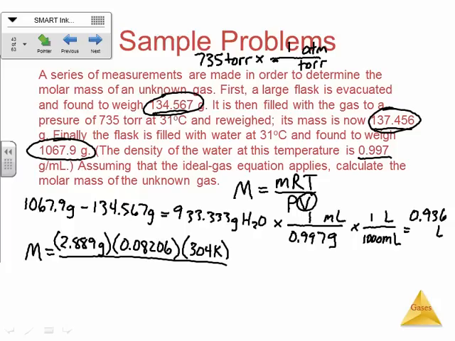Really, you can probably remember that what you need to do on these is divide by 760. 735 divided by 760, 0.967 atmospheres times our volume, which we found to be 0.936 liters. And that should give us our molar mass once we figure all that out.